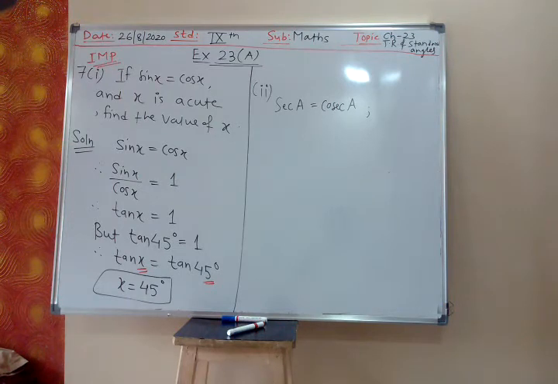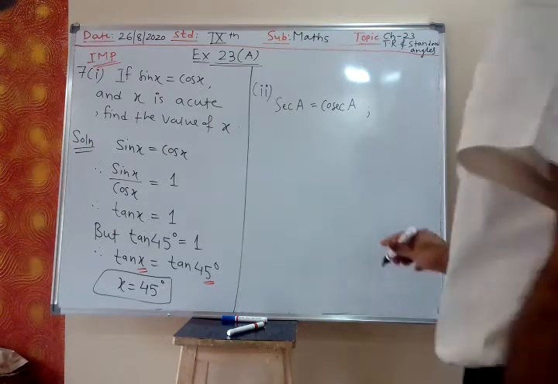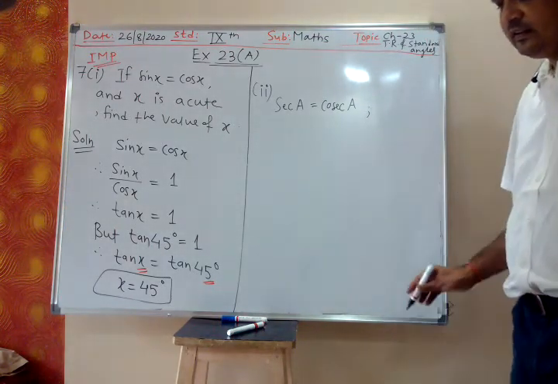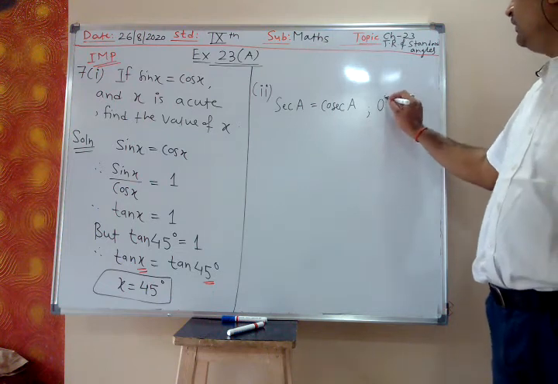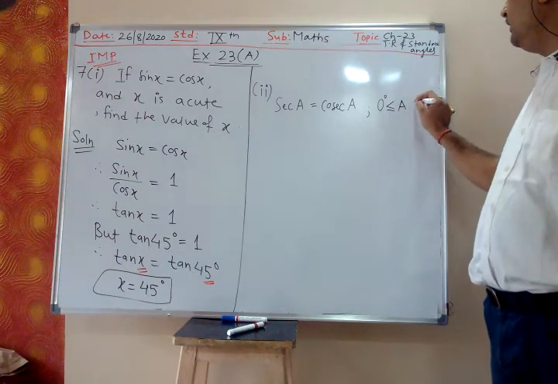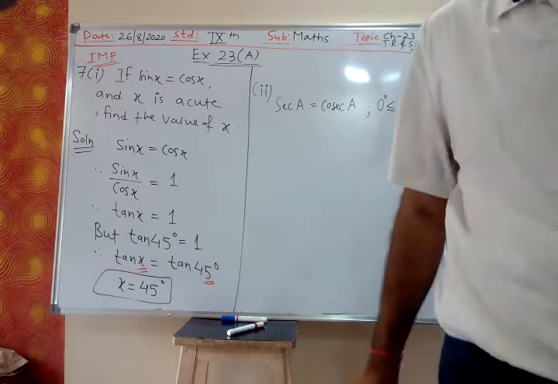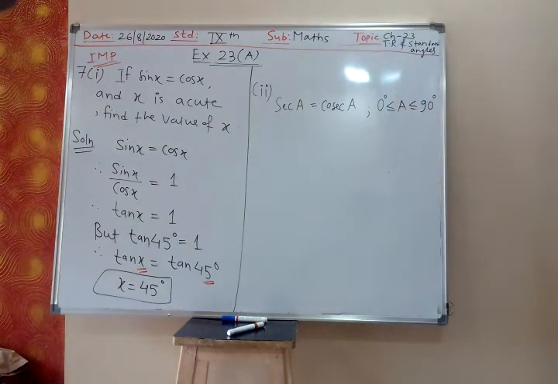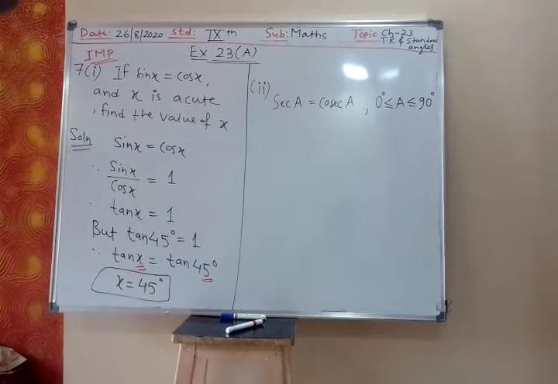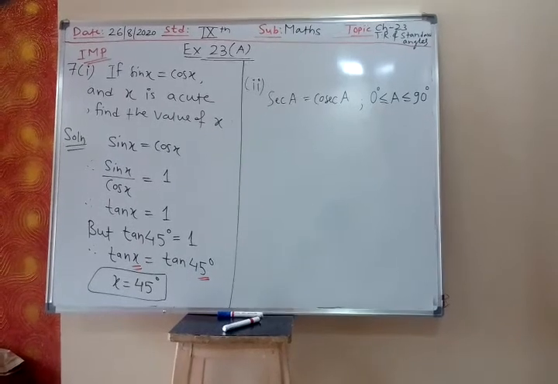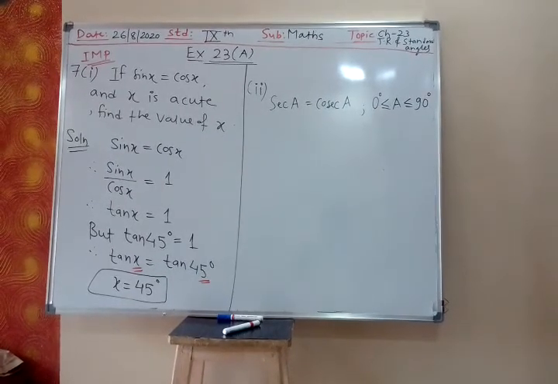Sec A is equal to cosec A. The value of A lies between 0 and 90, 0 degree less than equal to A, less than equal to 90 degree. What you are saying, that is absolutely correct.